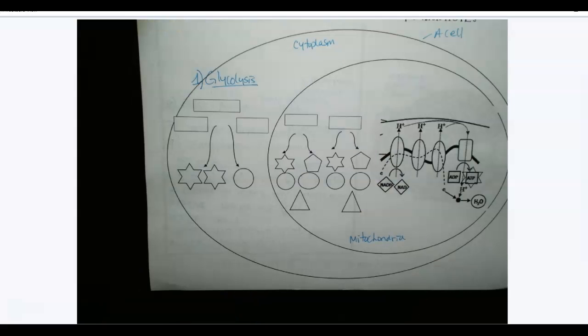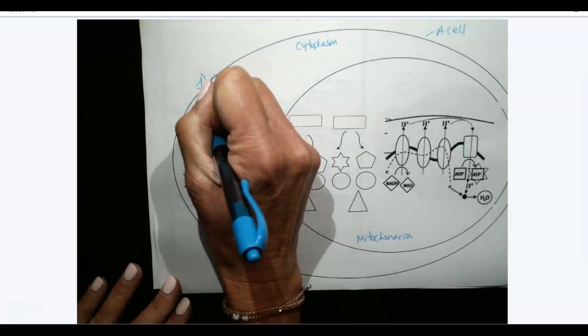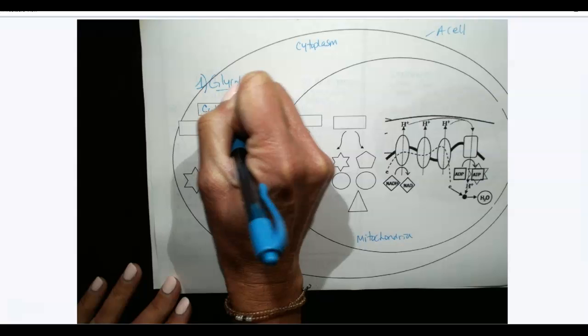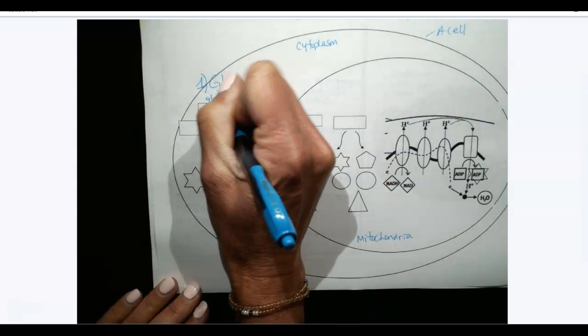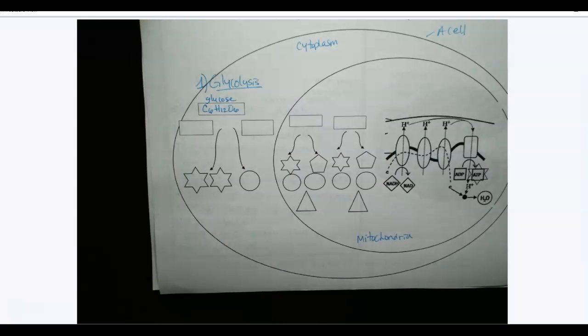Okay, so in glycolysis, the major thing that happens is this is our first breakdown of our glucose. So we're going to do C6H12O6. This is our glucose. And this is going to break down into 2 molecules. We call them pyruvate molecules or pyruvic acid. And each of them has 3 carbon atoms in it.